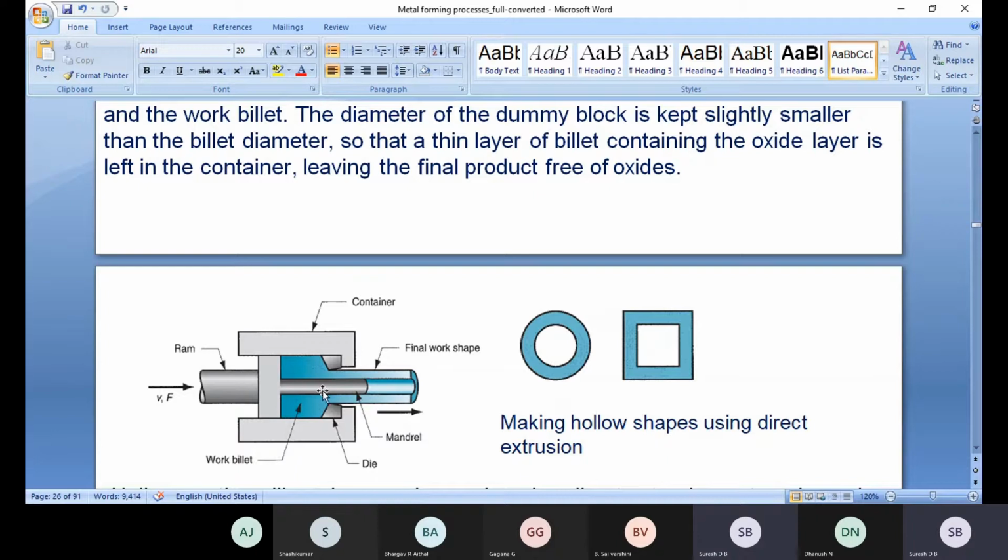Exactly at the center of the piston one dummy bar is mounted. This is called a dummy bar, also called a mandrel. The dummy bar or mandrel is solid in shape.